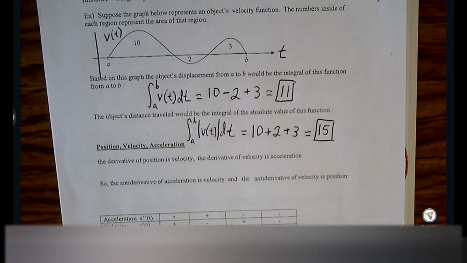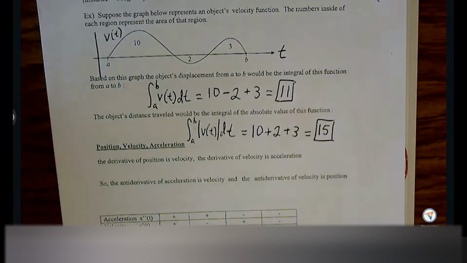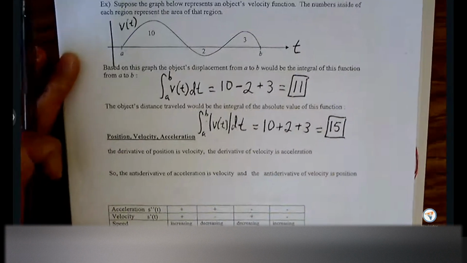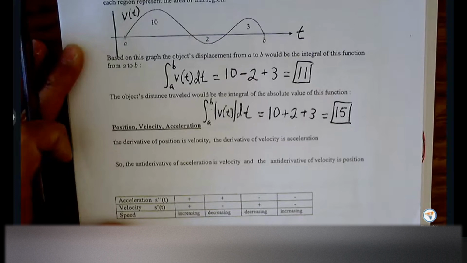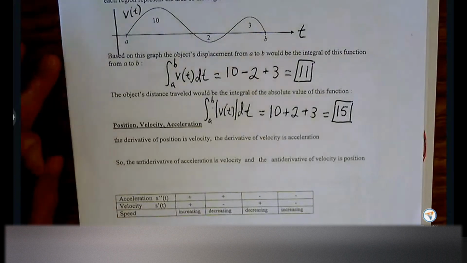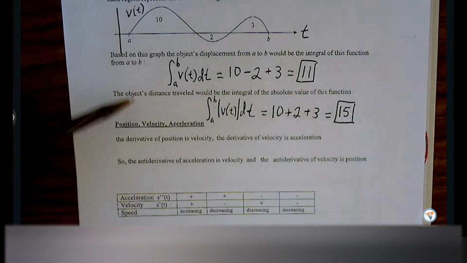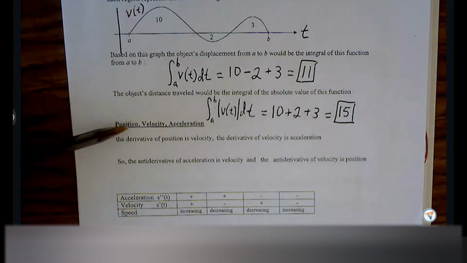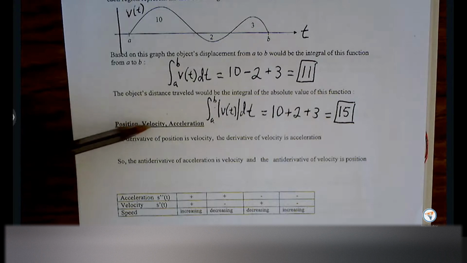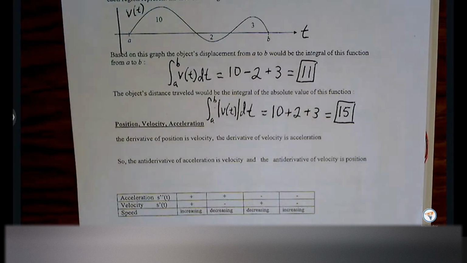Okay, we're going to explore this a little bit further and also introduce another related concept on the back page. Okay, but want to start to have that idea introduced before we get to it on the next page. Okay, so we also are going to revisit position, velocity, and acceleration.